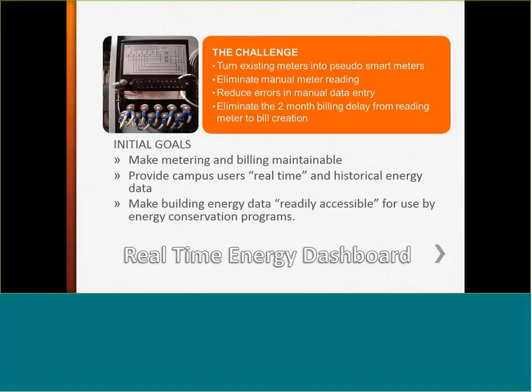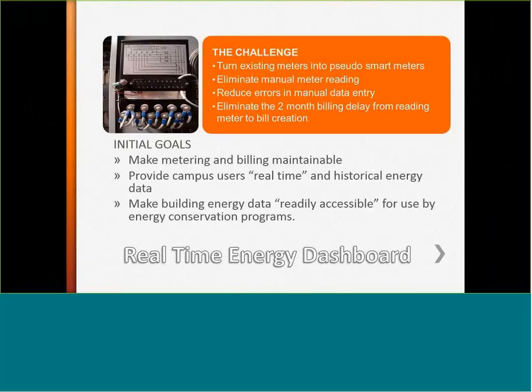To give you a little bit of background, back in 2005 there was an initiative of instrumenting the campus and automating the campus metering. We had a challenge back then: we needed to turn the existing mechanical meters into pseudo-smart meters.